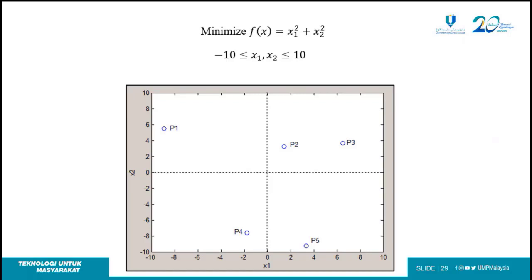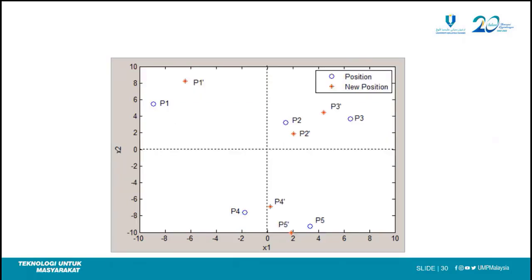Towards the optimization process, we can see here this is the optimum solution that we are looking for at 0, 0, and the original positions of particles P1 until P5, and the new positions of P1 until P5. For P3, it will move towards P2 with some random element, so it's not directly going to P2.